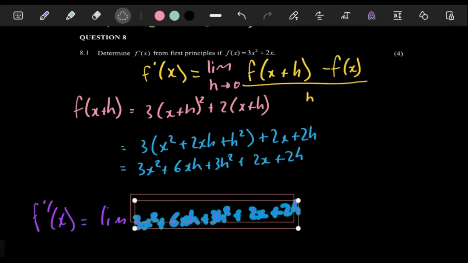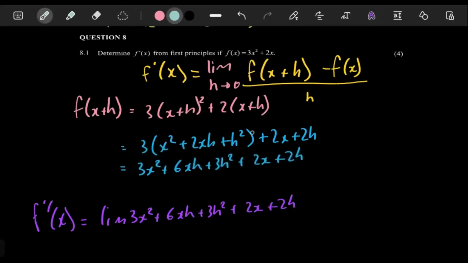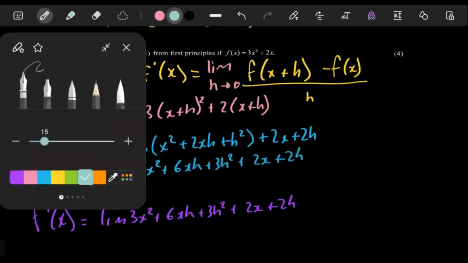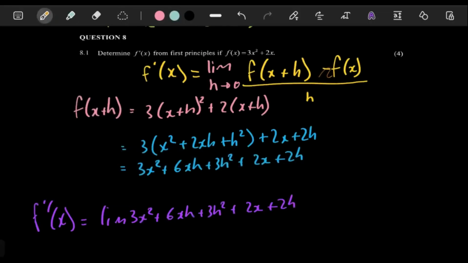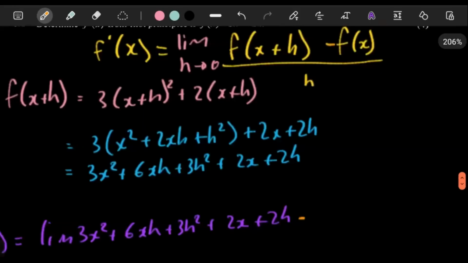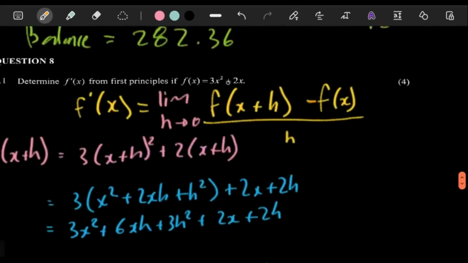So yeah, looks good. So what now? Minus f(x), the equation of f. Since you're minusing it, this changes to a minus, and this changes to a minus.